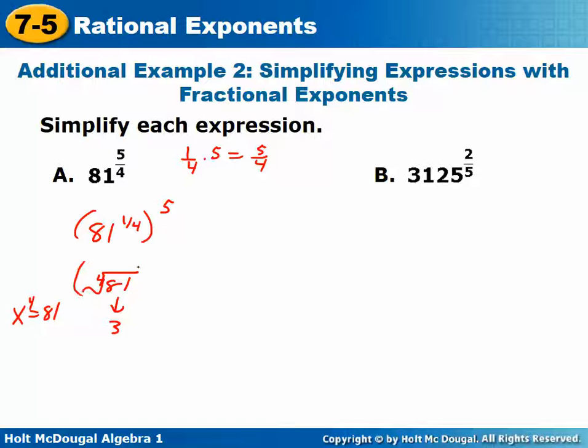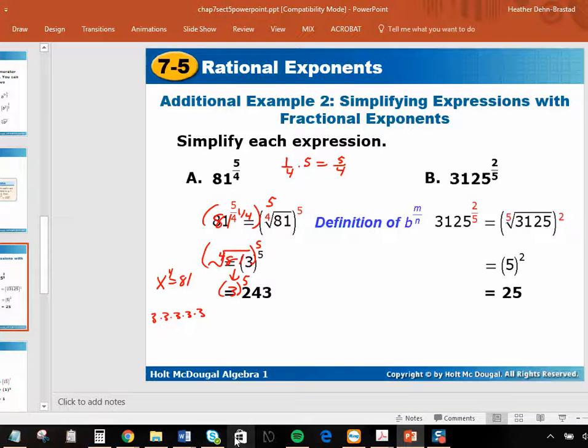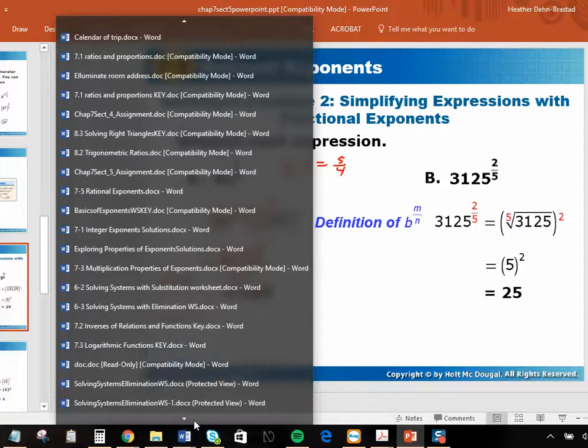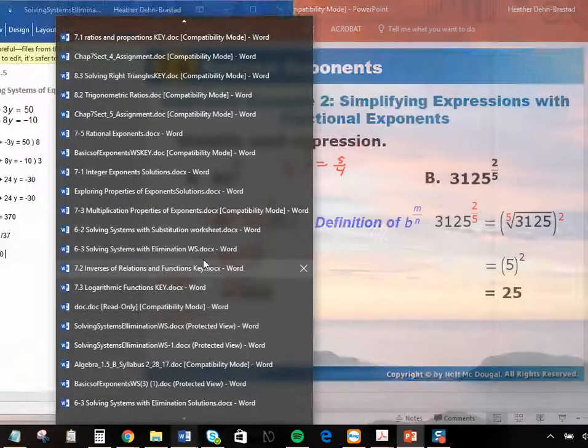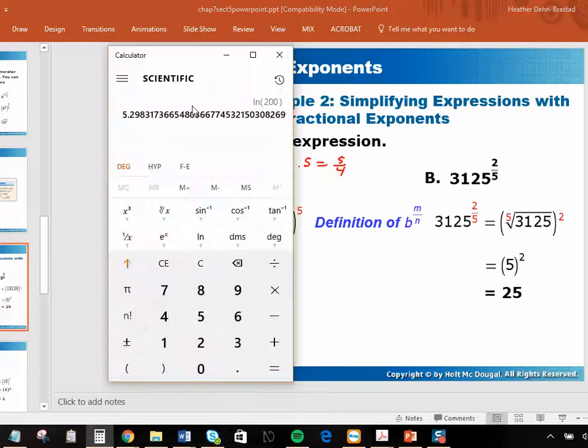I still have to take this to the fifth power. So now my problem is 3 to the fifth, no fractions there, and you just have to figure out what is 3 times 3 times 3 times 3 times 3. Now you can use your calculator for these, your computer calculator or your handheld calculator. Here is how I do it with this computer calculator.